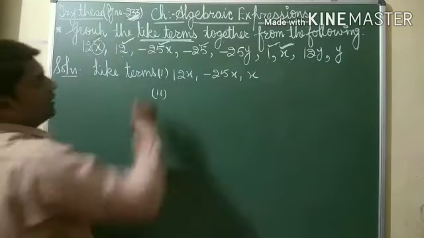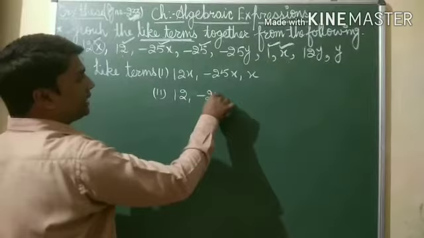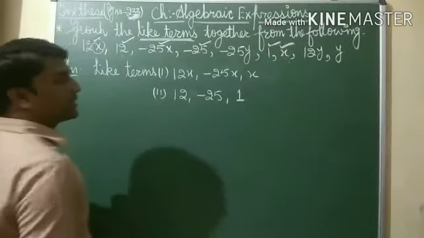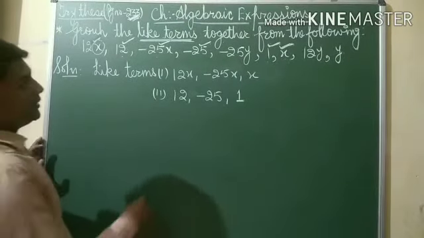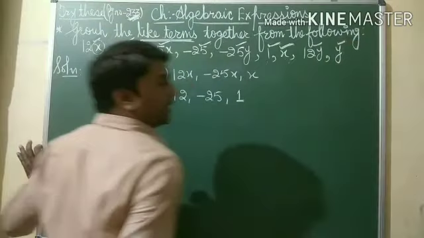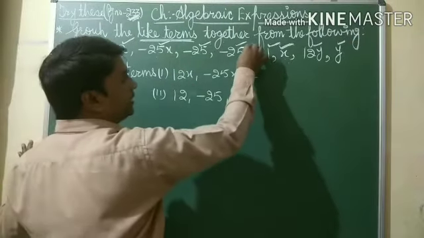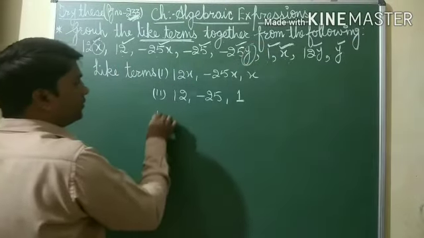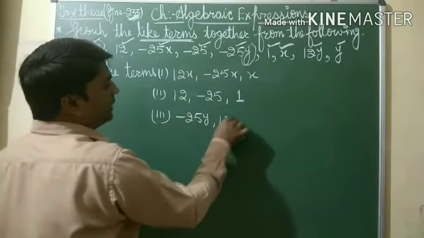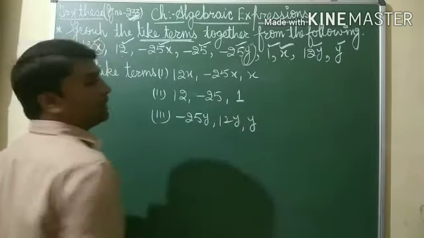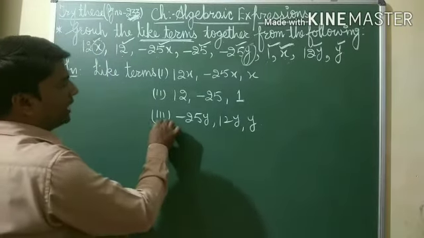Therefore 12, minus 25 and 1 are the second group of like terms. Again, minus 25y, 12y and y have the same algebraic factor y. Therefore, minus 25y, 12y and y are the third group of like terms.